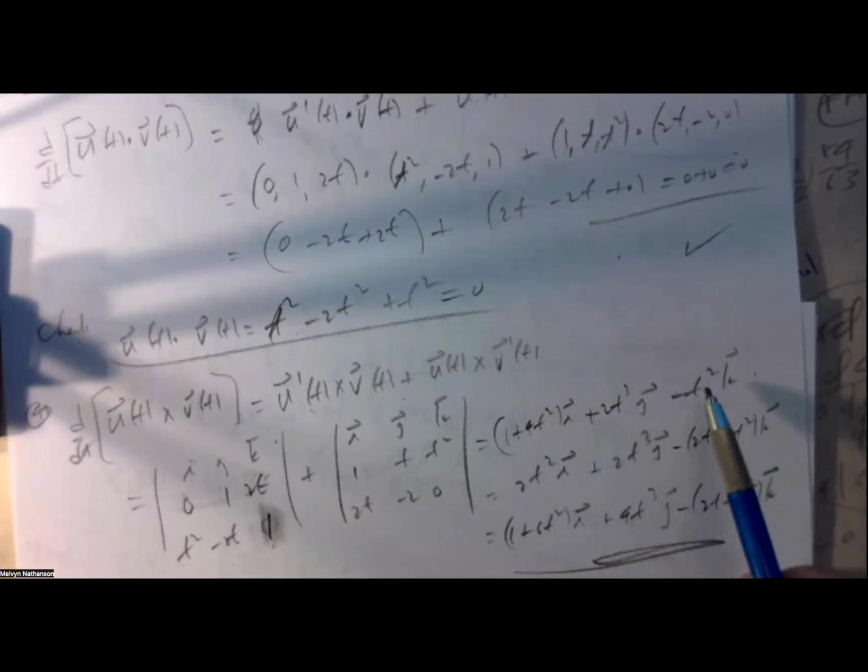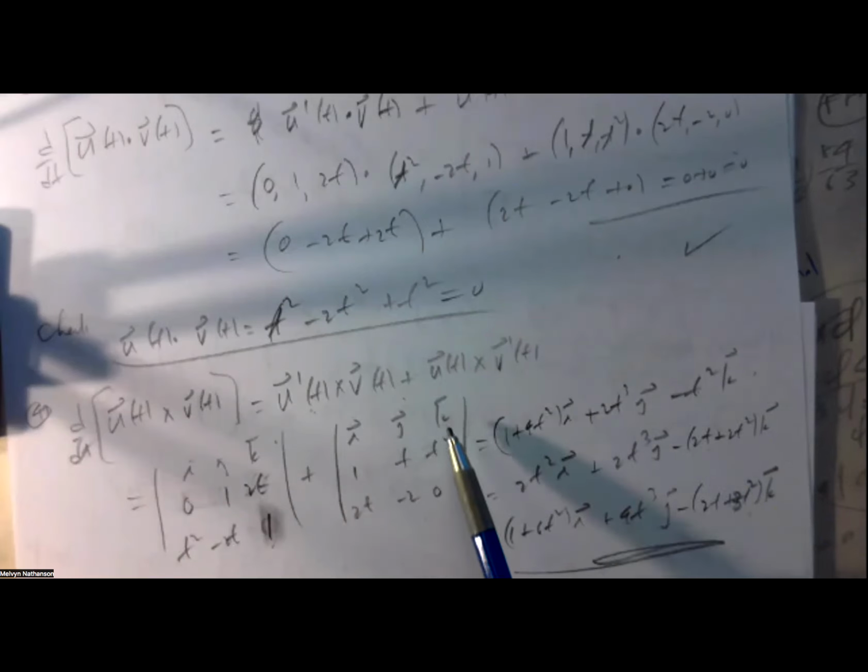When I differentiate, I get 2t minus 2, 0. So the k component here is plus t squared. No, it's this minus t squared, that's right.